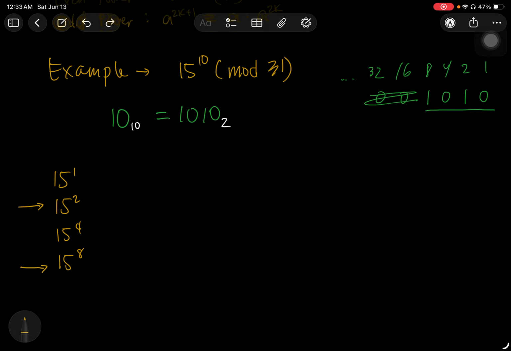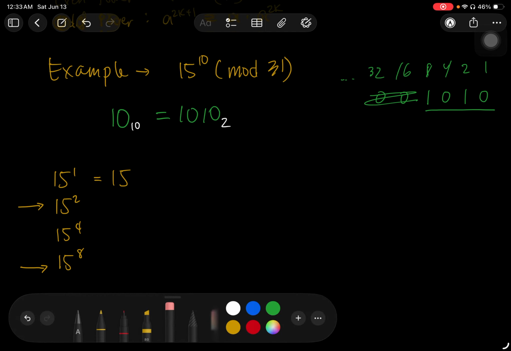So first, 15 raised to 1. Basically, 15 raised to 1 is just 15. Then you can write mod 31 if you like, but it's not yet finished. So maybe let's erase this one. Then let's move to the next.